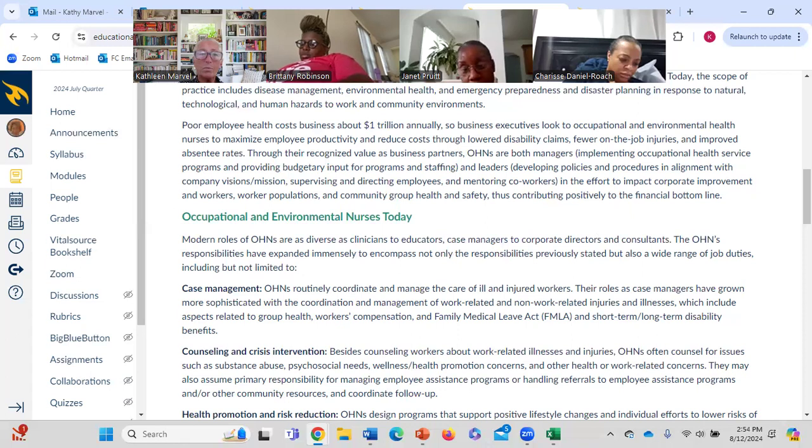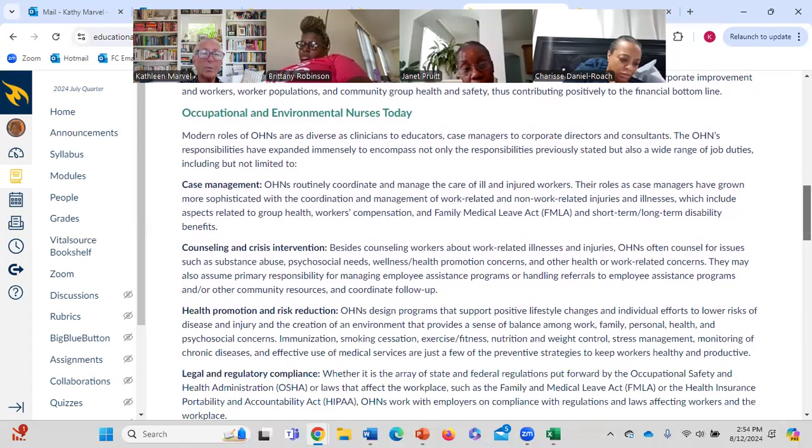Some of the roles occupational environmental nurses play: they can be educators and case managers. Their responsibilities have expanded greatly. We'll talk about case management in a few weeks, but a case manager is basically a coordinator of care. All the big insurance companies and organizations have case management departments.